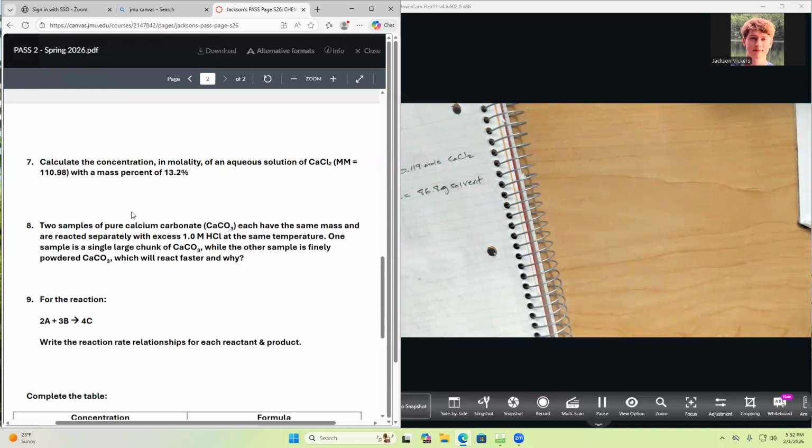If you guys want to be extra thorough, if you already got this one, try to also do the mole fraction. That's some good extra practice as well.